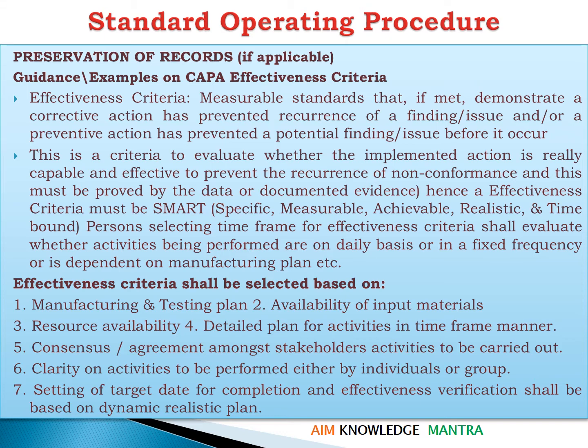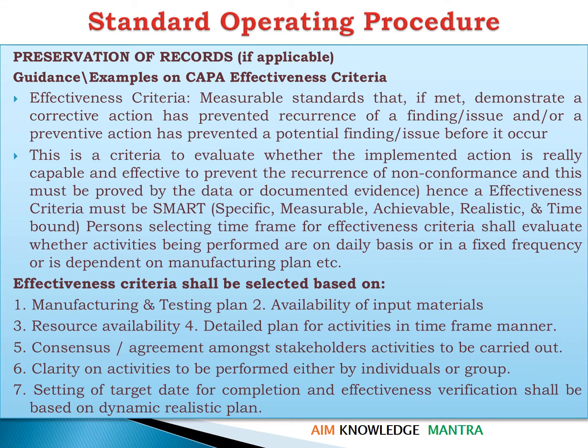Person selecting time frame for effectiveness criteria shall evaluate whether activities being performed are on daily basis or in a fixed frequency or is dependent on manufacturing plan, etc. Effectiveness criteria shall be selected based on: 1. Manufacturing and testing plan. 2. Availability of input materials. 3.